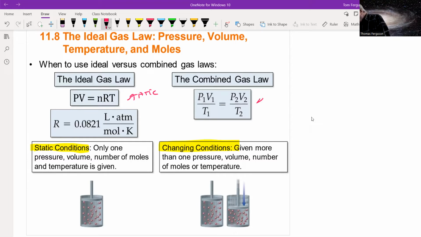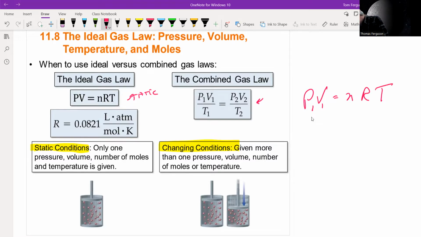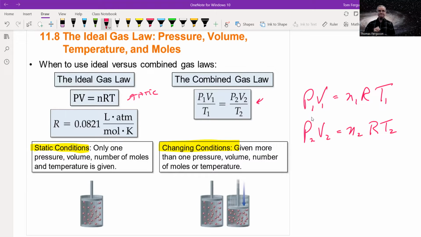Now, the changing-condition equation is derived from this. Condition 1: PV equals nRT. Condition 2 is the same. What's constant here is nR. So if you change conditions, we can set these two equal to one another.